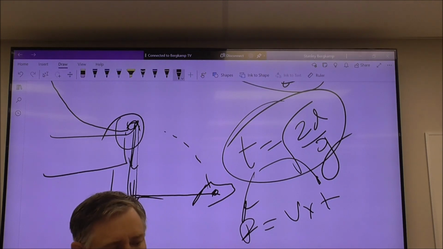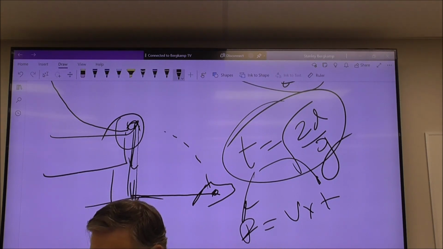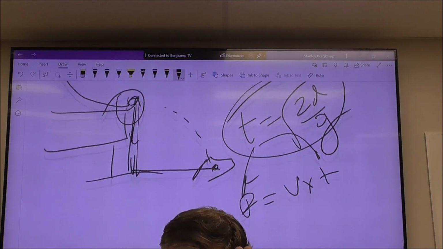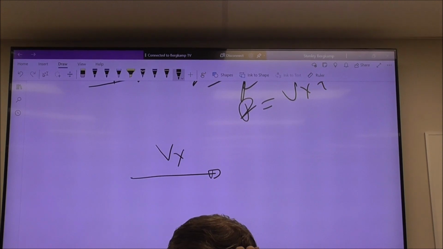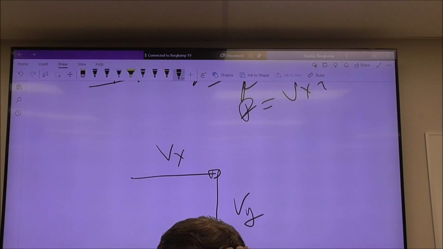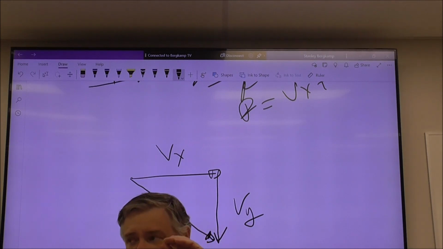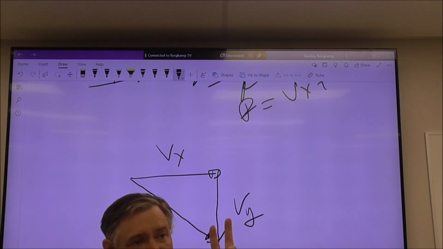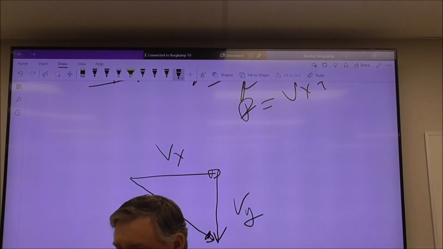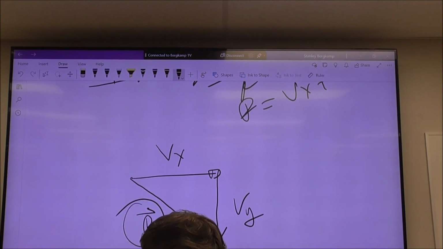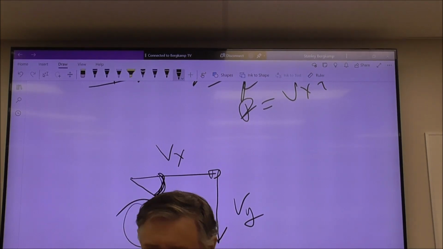Now, down here where I have V resultant, this is what I want on that line. You're going to know your Vx, and you're going to know your final vertical velocity, and then you're going to find that resultant. So the resultant is the speed. I want two things on that V resultant: the actual magnitude, and this angle right in here.